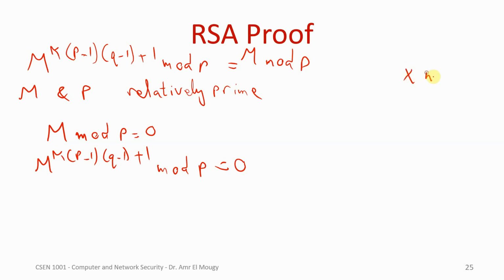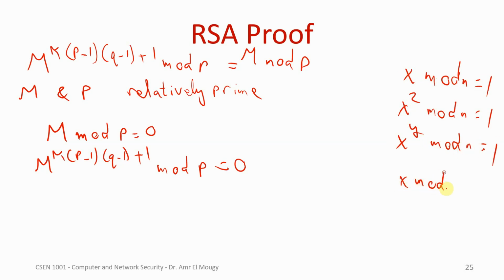Because if you have x mod n equal to 1, then x squared mod n will also be equal to 1. In fact, x power y mod n will be equal to 1. If you have x mod n equal to 0, then x squared mod n will be equal to 0, and x power anything mod n will also be equal to 0.